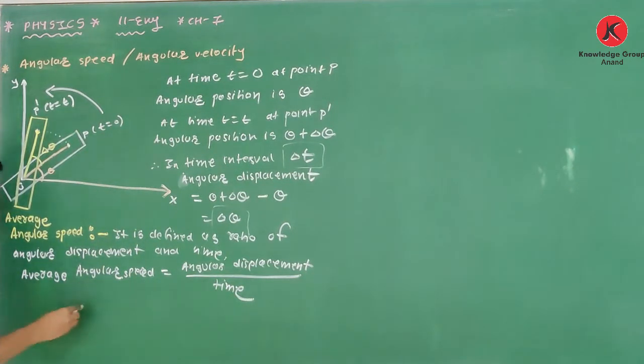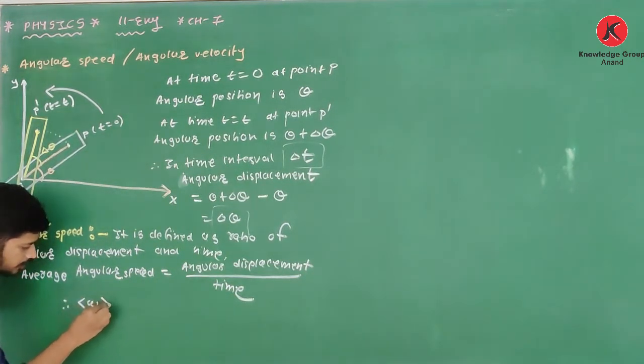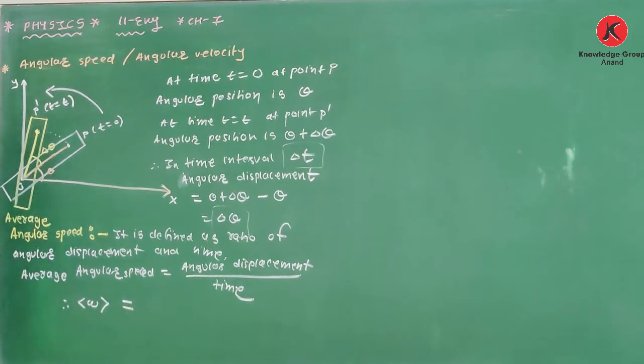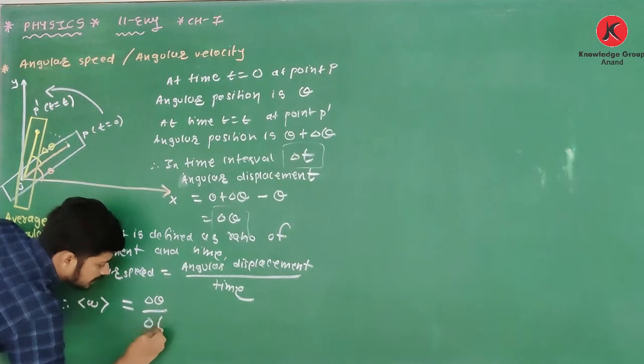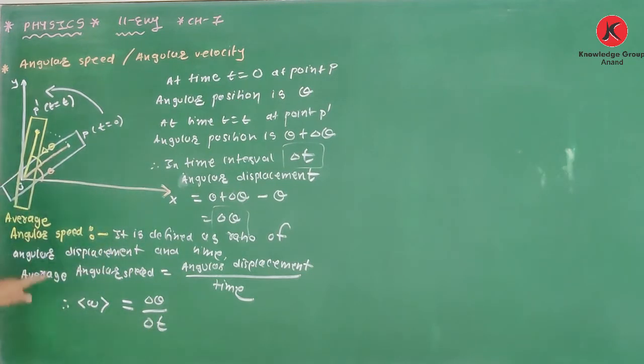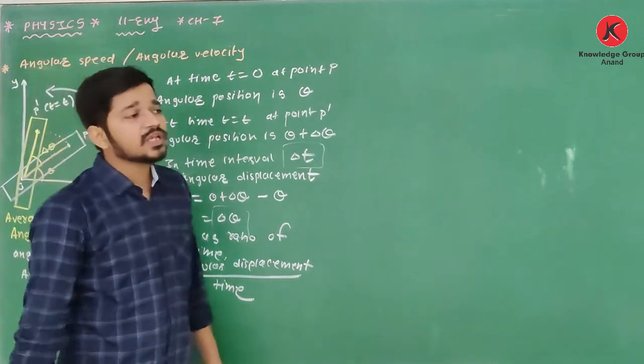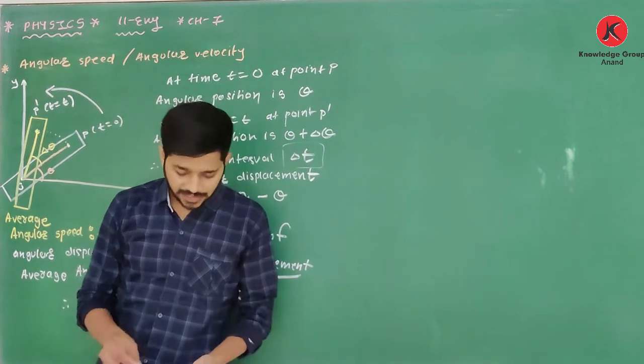Average angular speed is denoted by omega with a bar, the symbol of average, equal to angular displacement delta theta over time interval delta t. So omega equals delta theta upon delta t. What is the limitation of average? It will give the average value, not the instantaneous value.